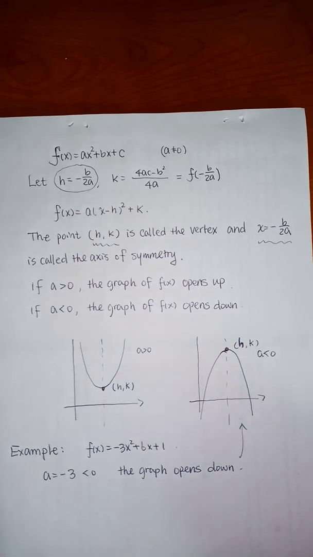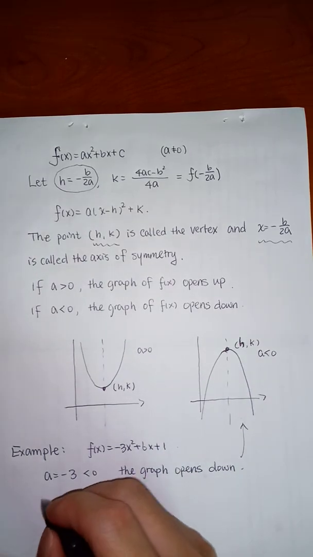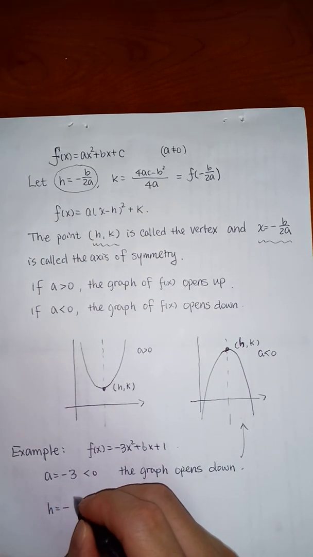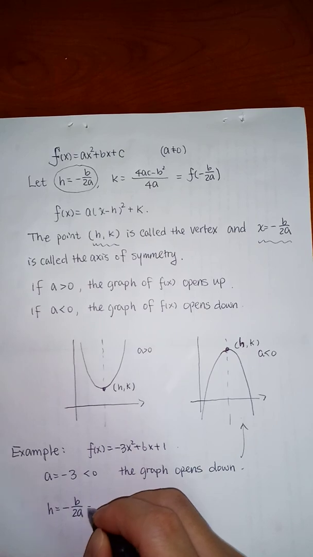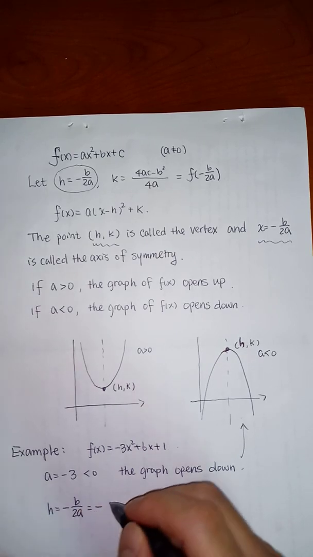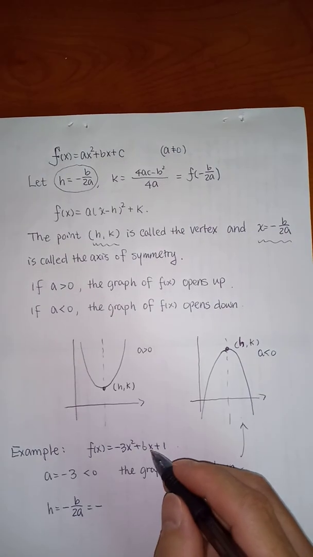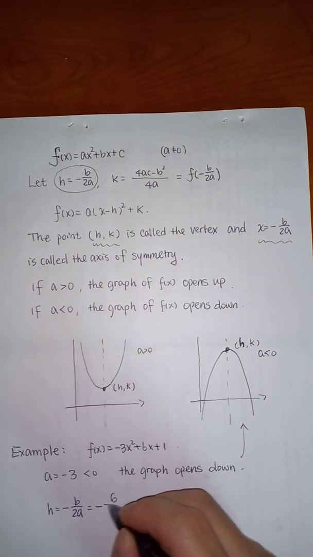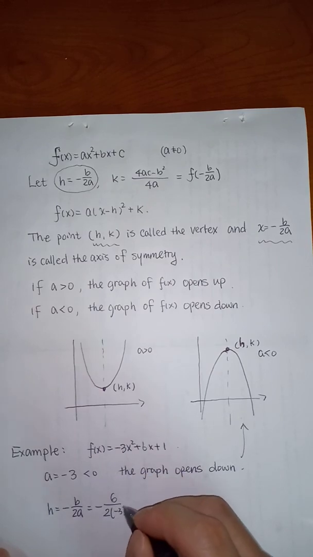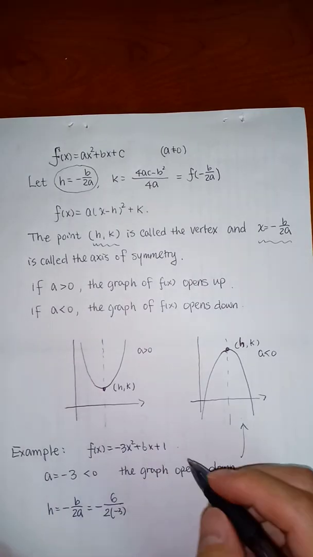And then you can find the h: negative b over 2a. The negative sign is part of the formula, so you always copy the negative sign. B, what is b? B is 6. 2 is 2. A is negative 3. A, B, C contain the sign.